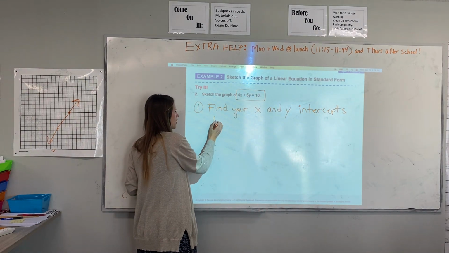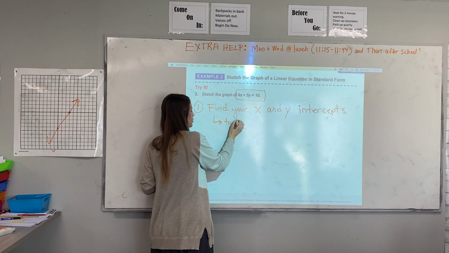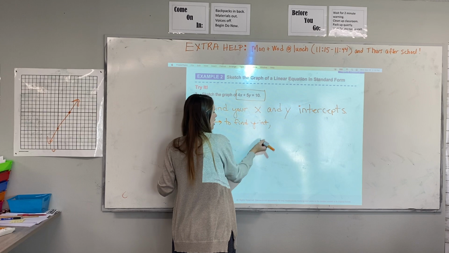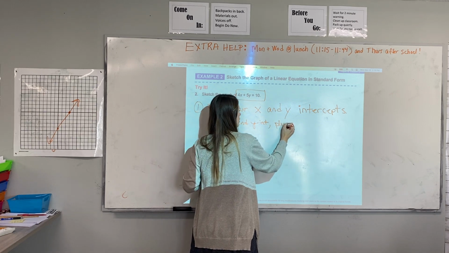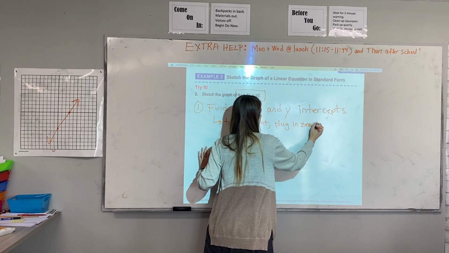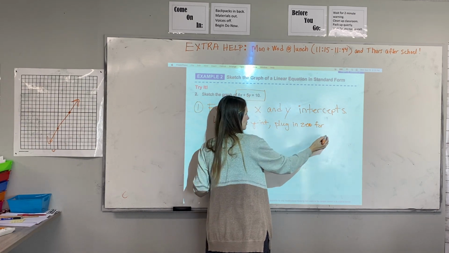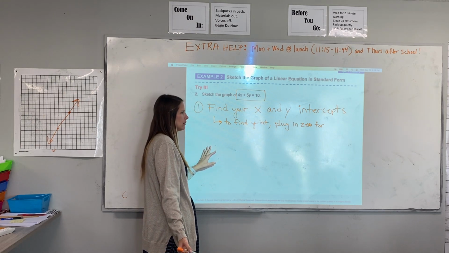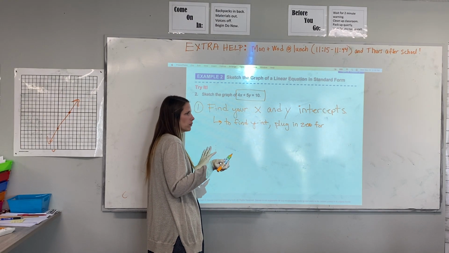A little subpart is to find the Y-intercept: plug in 0 for what? To find your Y-intercept, plug in 0 for X.